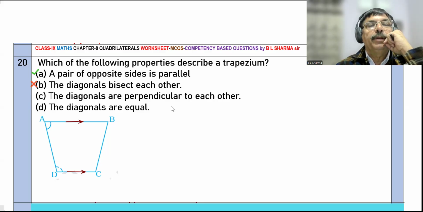The diagonals are perpendicular to each other. No, diagonals are perpendicular to each other in a square and rhombus, so this is not correct. Diagonals are equal. Diagonals are equal in a square and rectangle, so this is not correct. So A is the correct option.